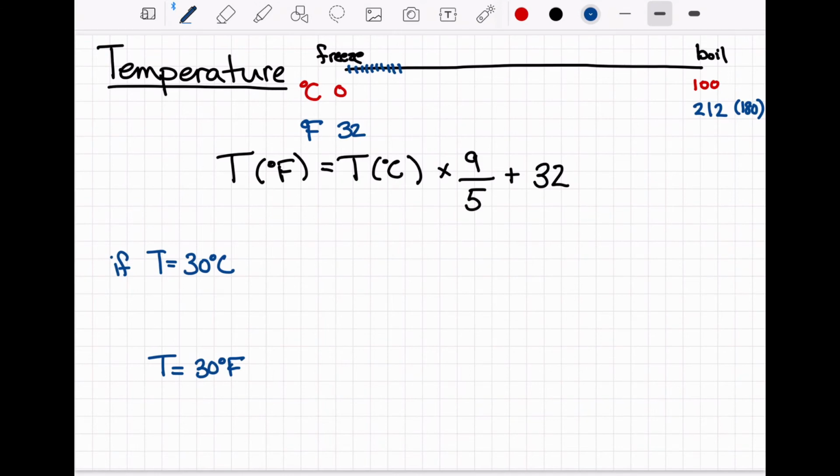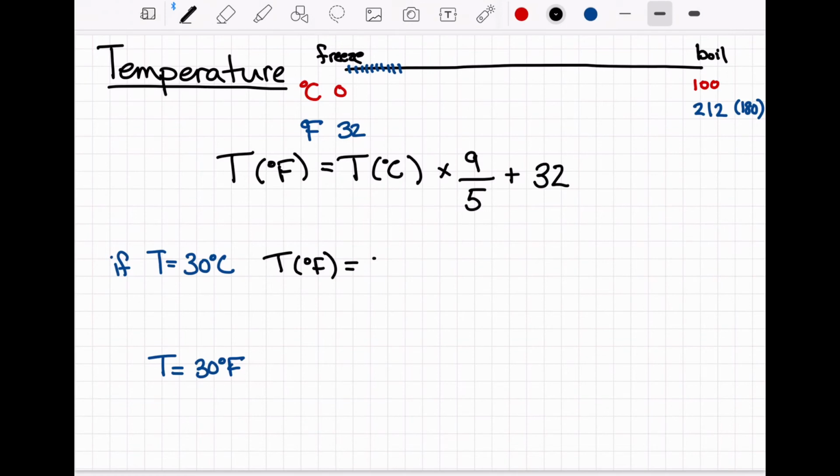So anyway, if you want to convert between degrees Fahrenheit and degrees Celsius, this is the equation. The temperature in degrees Fahrenheit equals the temperature in degrees Celsius times 9/5 plus 32. Make sure that you understand that the order of operations is important. So let's do a couple of quick examples. If the temperature is 30 degrees C, what is it in degrees Fahrenheit?